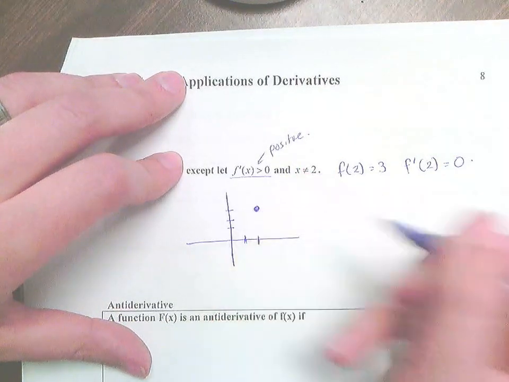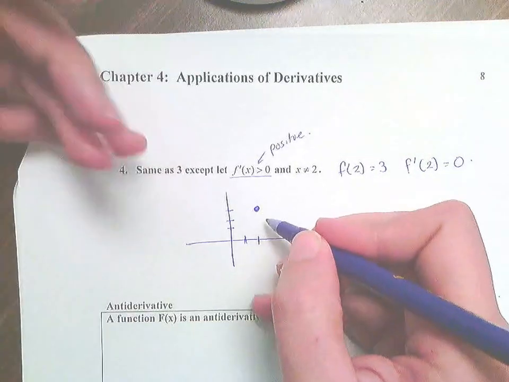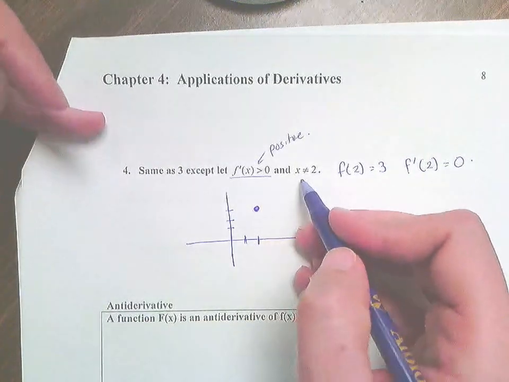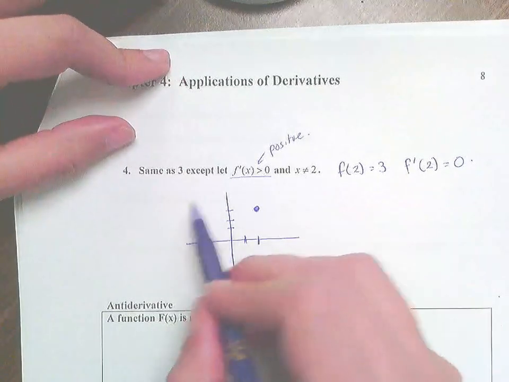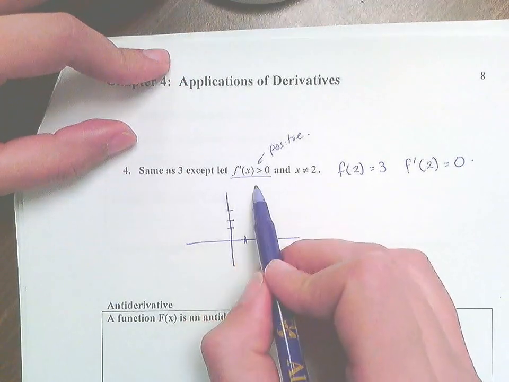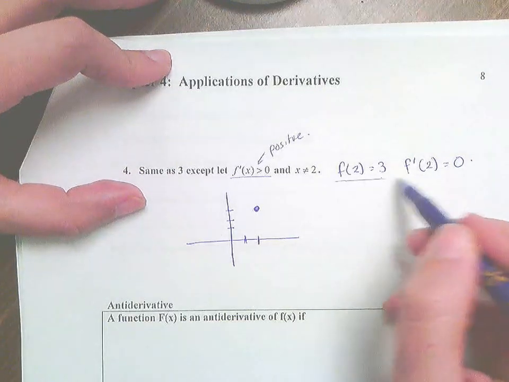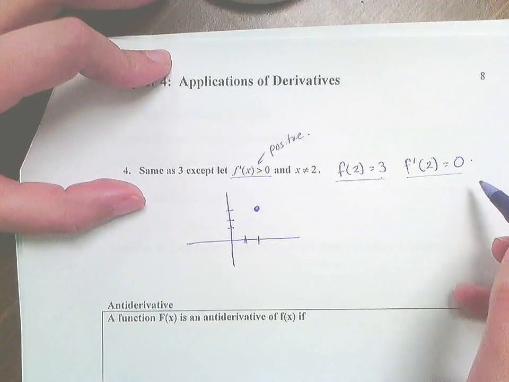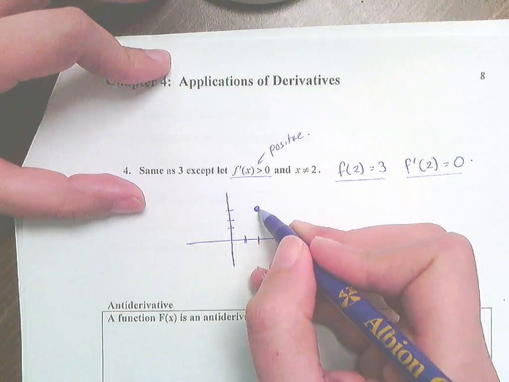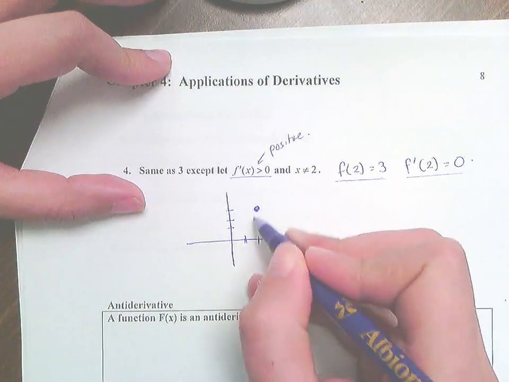not at 2, 3. Now, this didn't make a lot of sense to me in the example just because it says same as 3 except this and this. But for it to be same as 3, that means these two are in play. So what I figured is that there is a point at 2, 3.